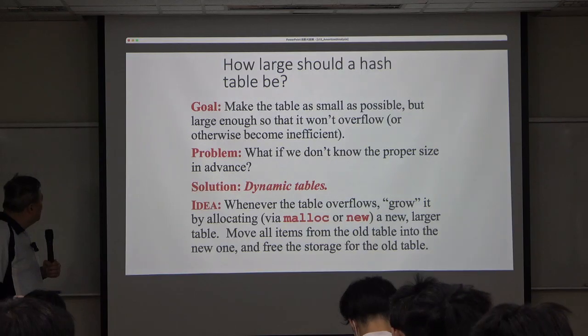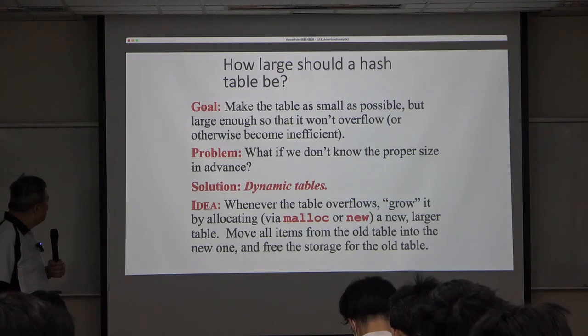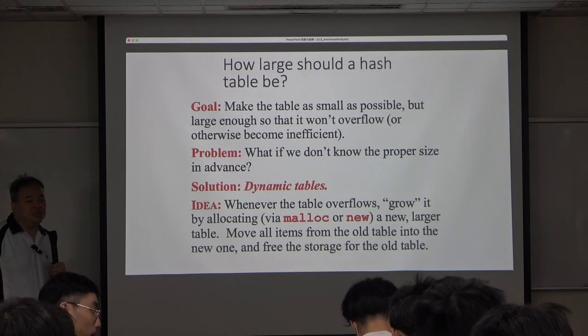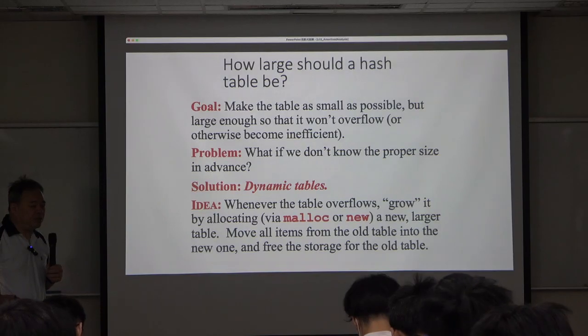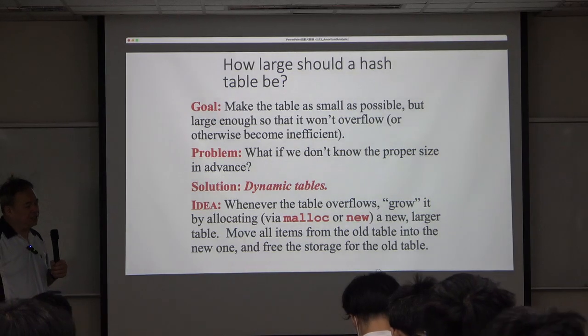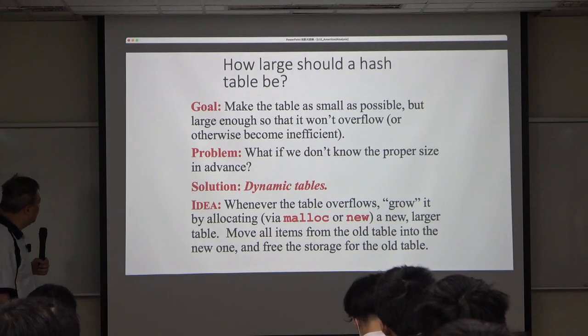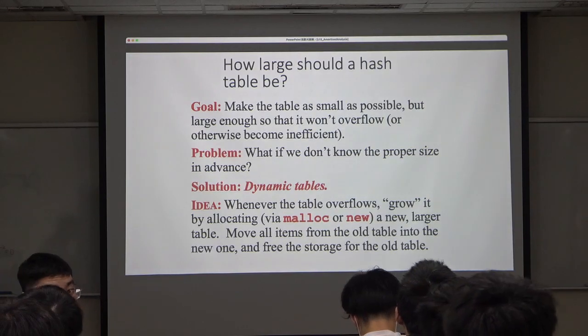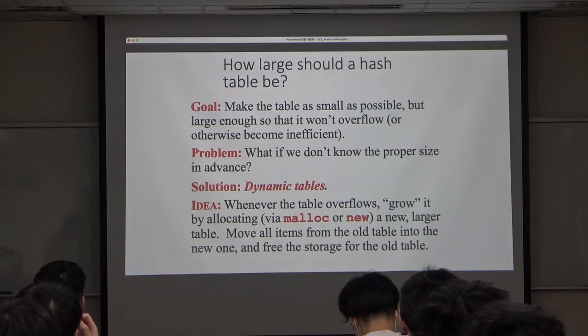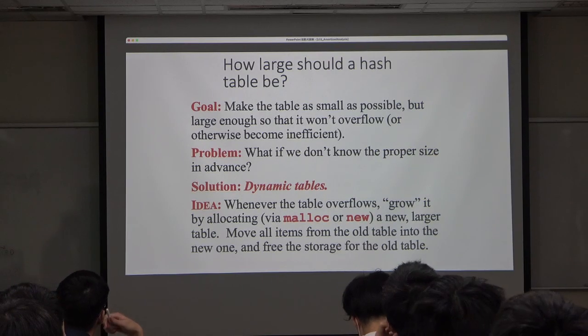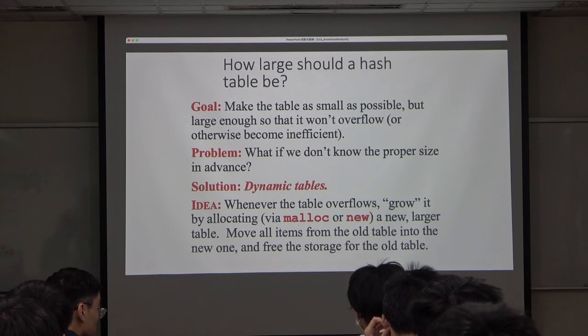So how large should a hash table be? Supposedly, if you don't have too many elements, you don't want to allocate a large hash table because it's a waste of storage.